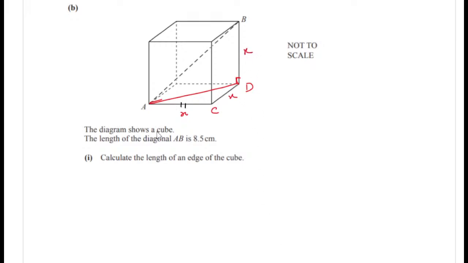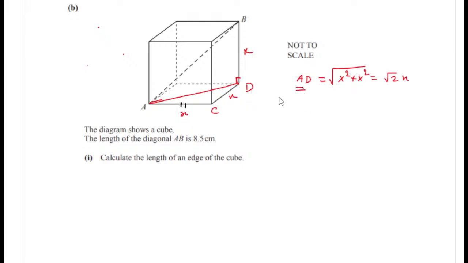Now I can easily work out AD. AD will be the square root of x square plus x square, so you can say that root 2 times x is your AD.